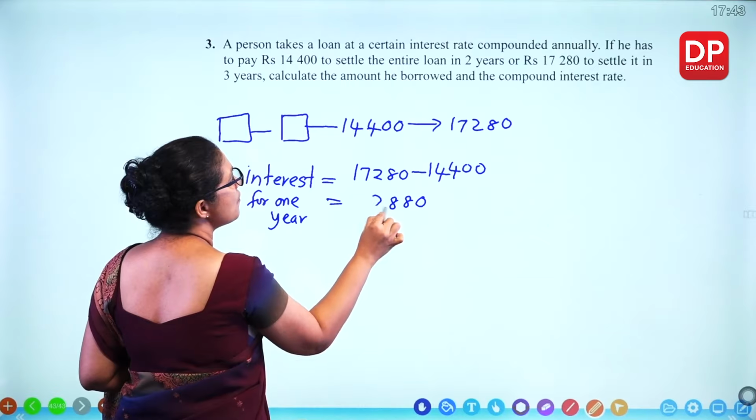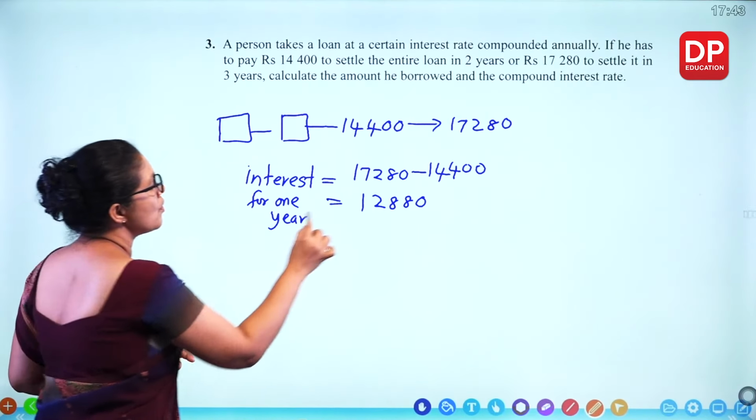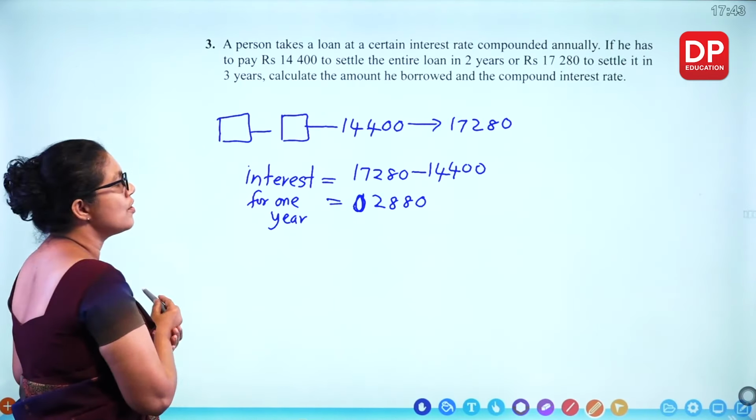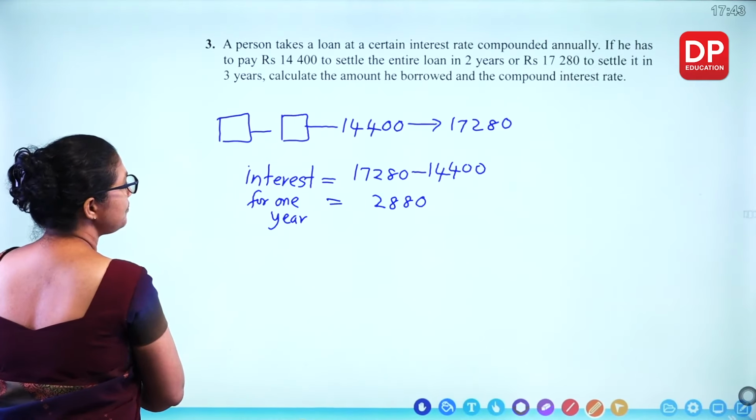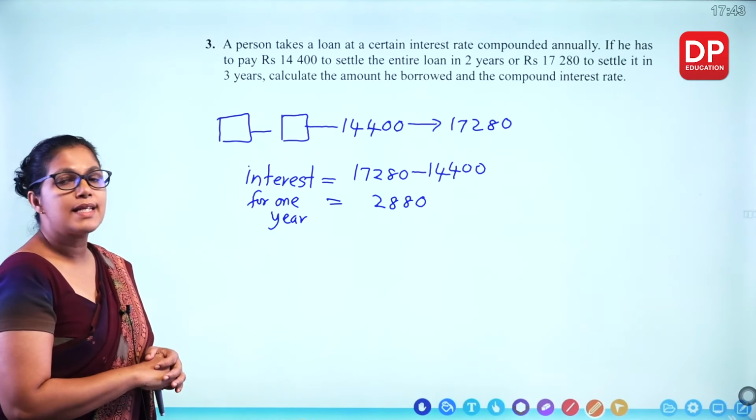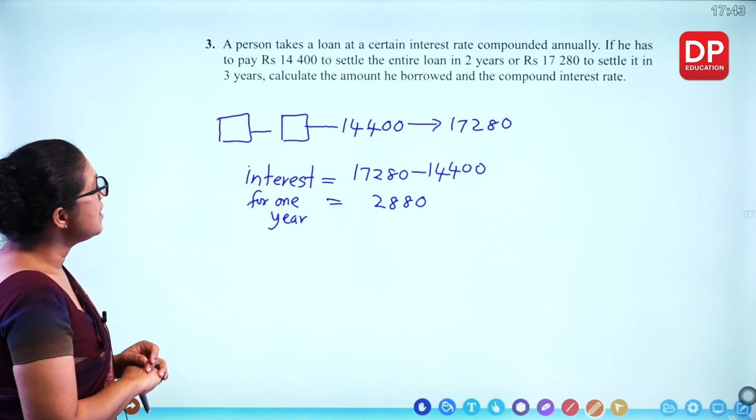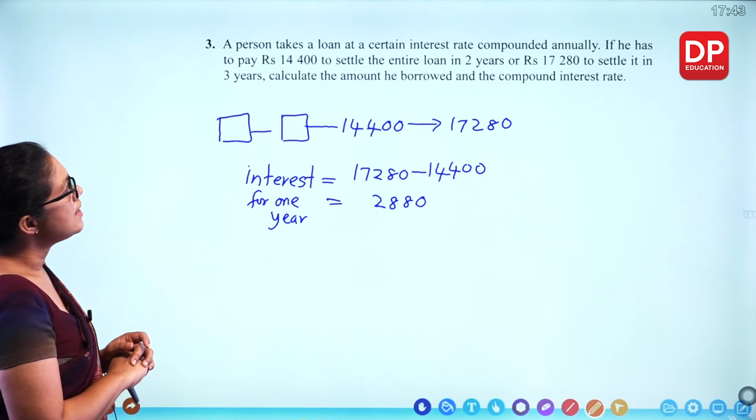This is 5, 2, and this is 0. So you get 2,880 is the interest for 1 year.